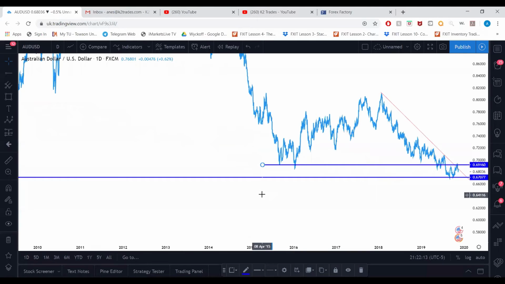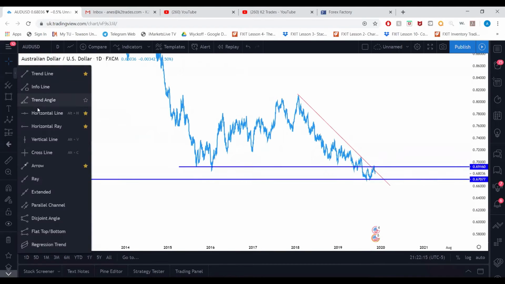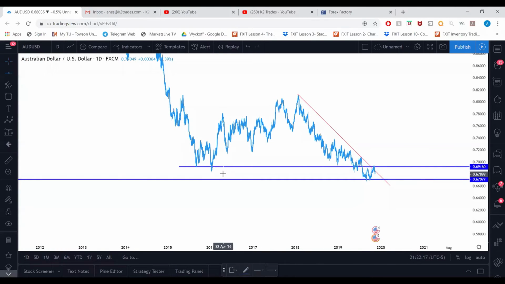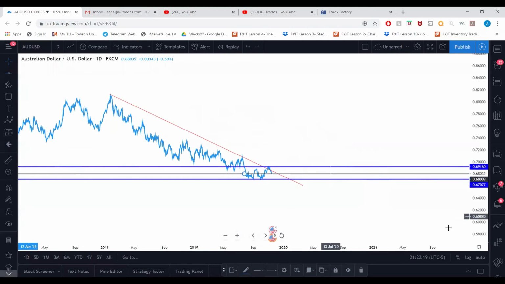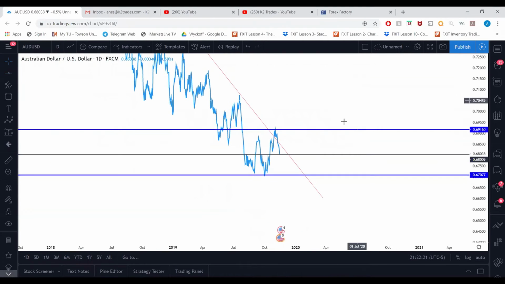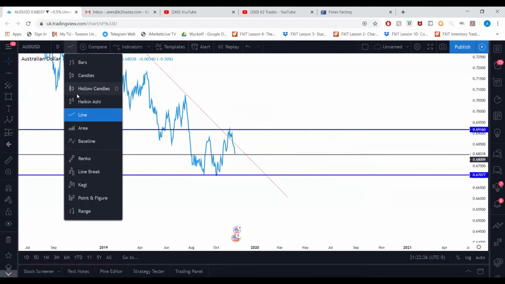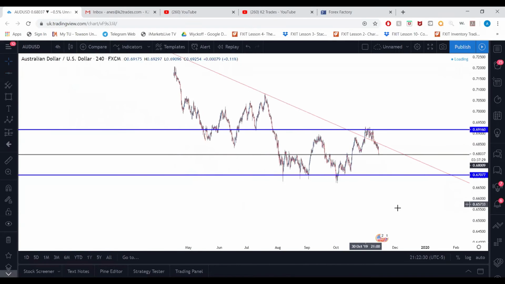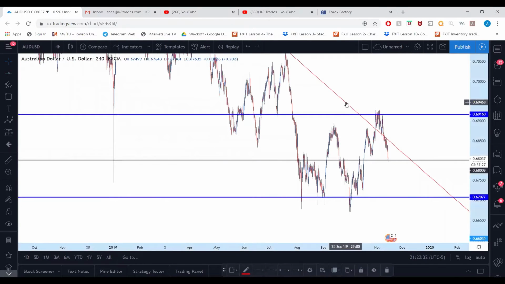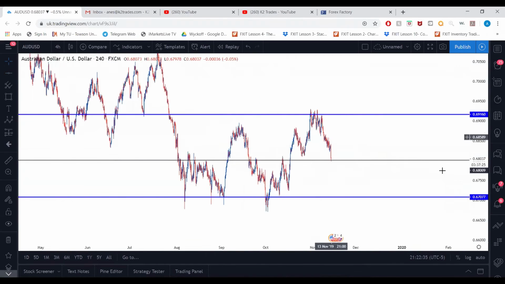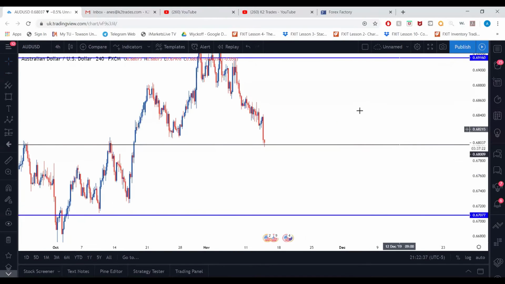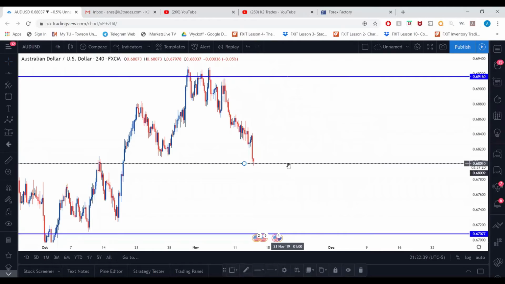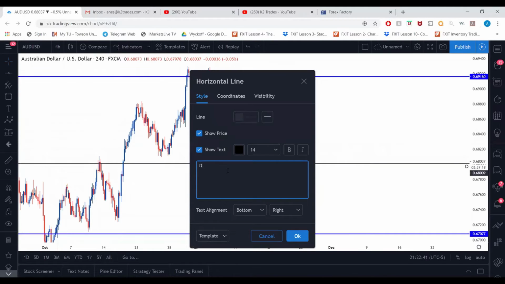Well, let's look together. Oh, it's at the support. Actually, we don't need that line. Look at the rejection. That week, daily support.